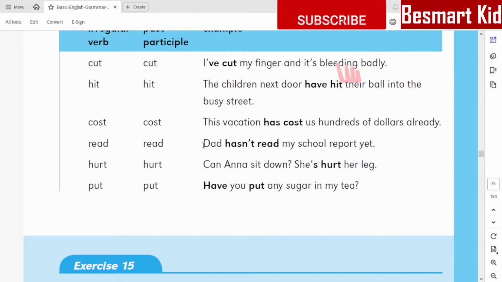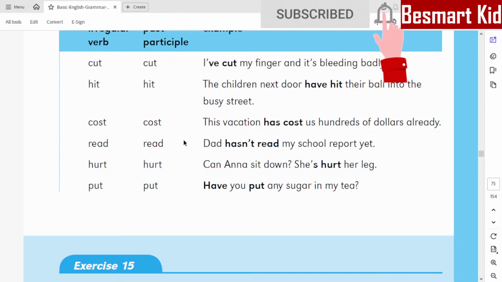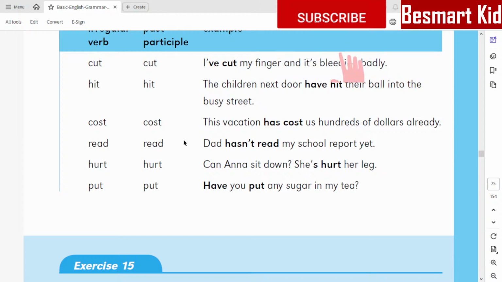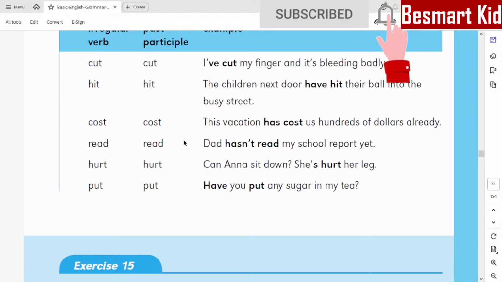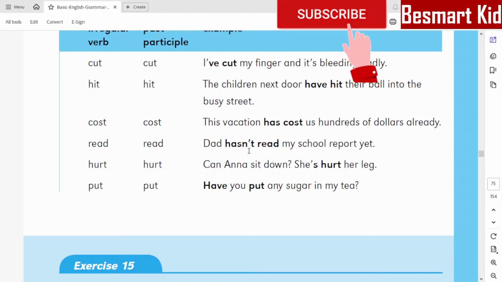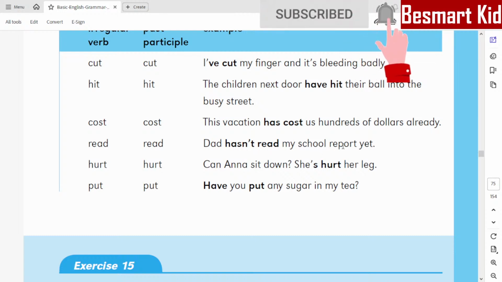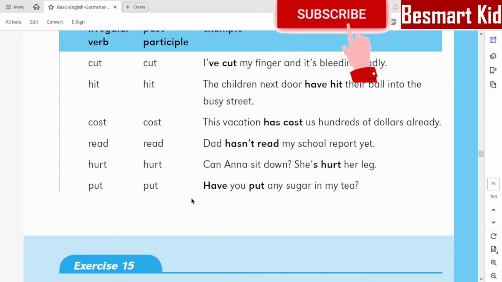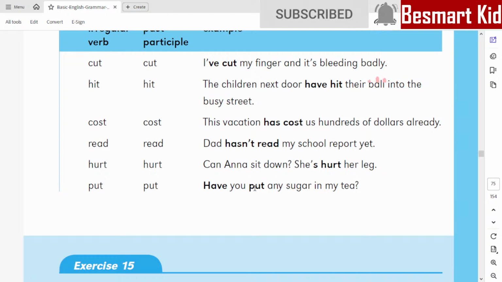This vacation has cost us hundreds of dollars already. Dad hasn't read my school report yet. Can Anna sit down? She's hurt her leg. Have you put any sugar in my tea?